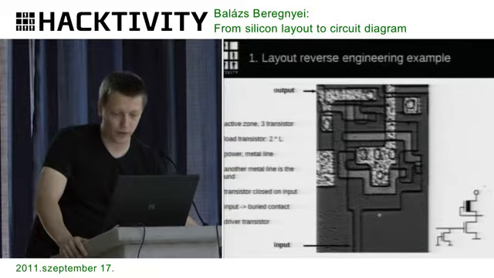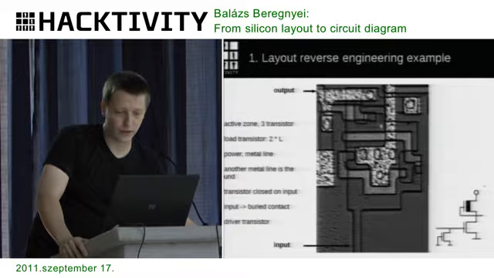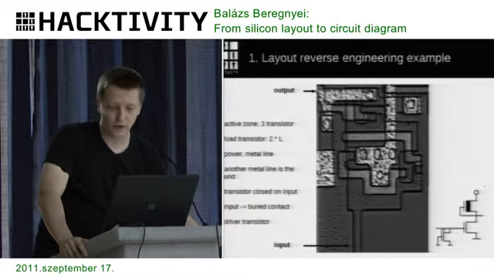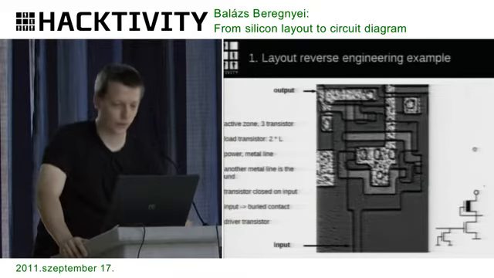So we are not bothered by it. We just go forward in an active zone, and we see another buried contact. We've seen that already, that is a transistor. On the 2 banks there's an output and the ground, so this is the 3 transistor circuit, and that's an inverter.